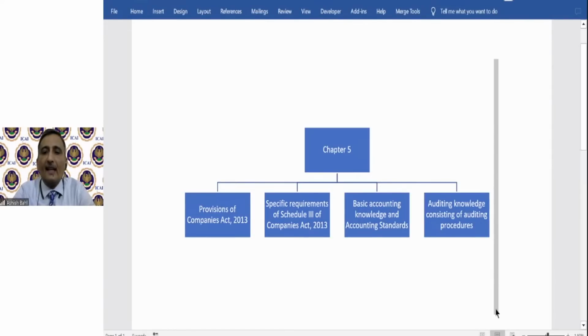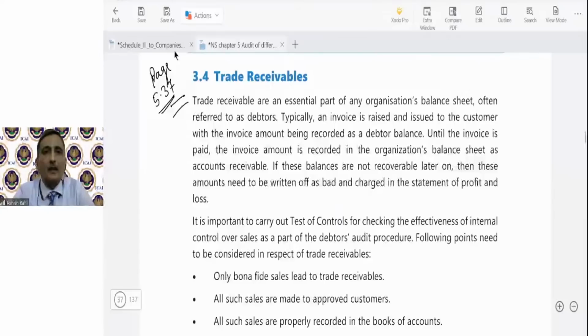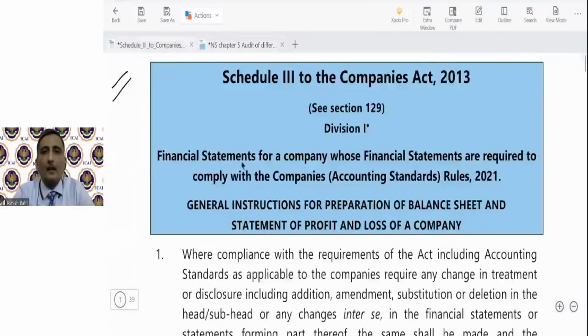So that is why, students, I have uploaded on the website Schedule 3 to the Companies Act 2013.